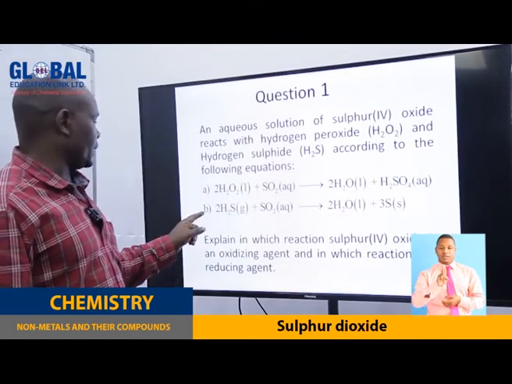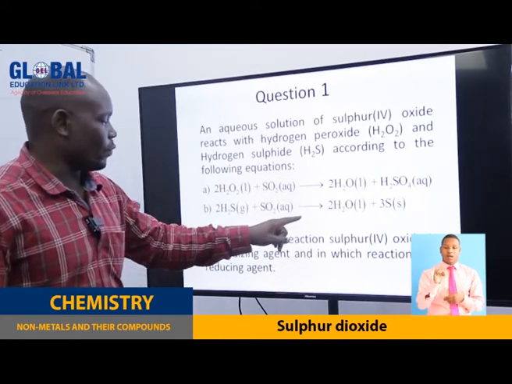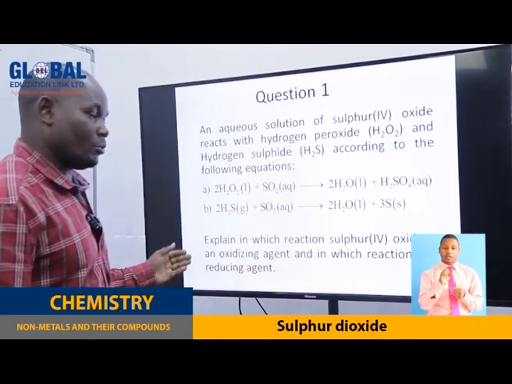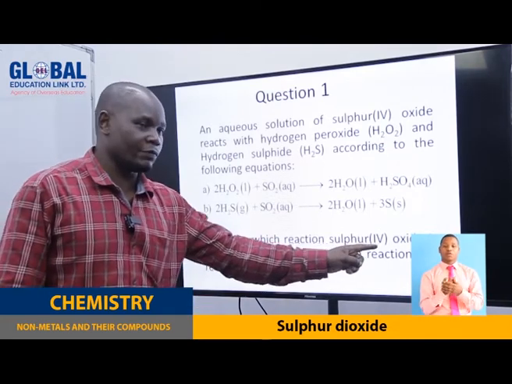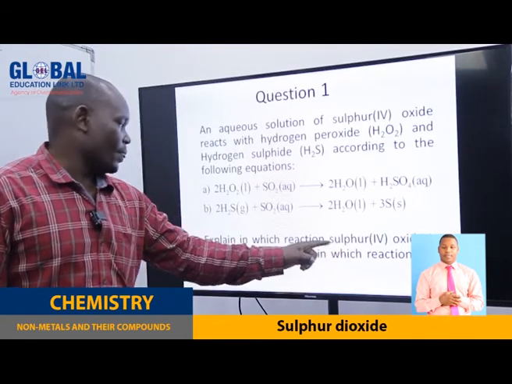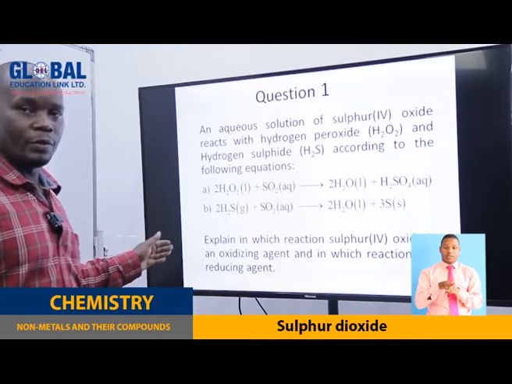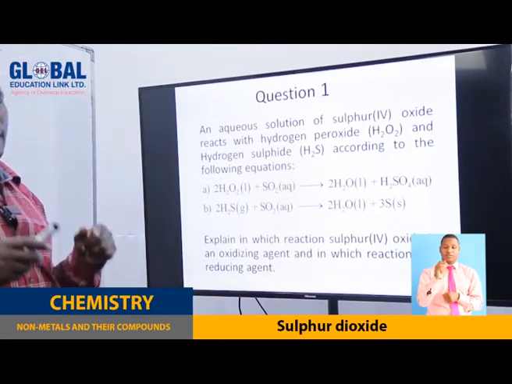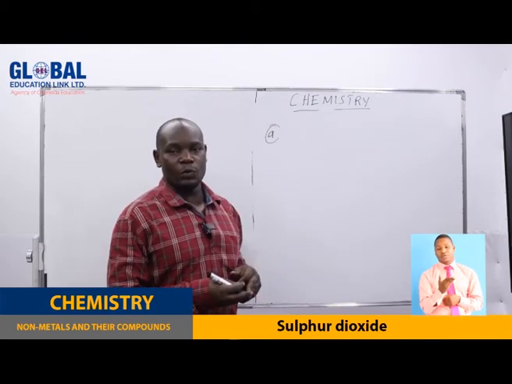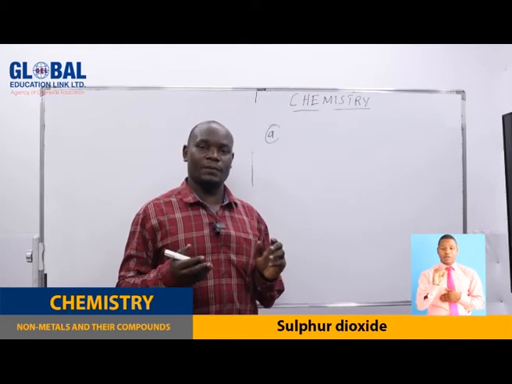The second equation is between hydrogen sulfide and sulfur dioxide to form water and sulfur. The question is: explain in which reaction sulfur dioxide is an oxidizing agent and in which equation sulfur dioxide is a reducing agent. I'm sure you remember the chemical properties of sulfur dioxide as an oxidizing agent as well as a reducing agent.